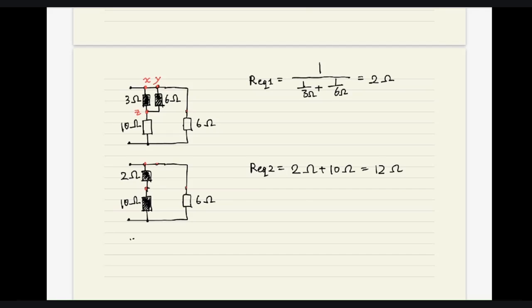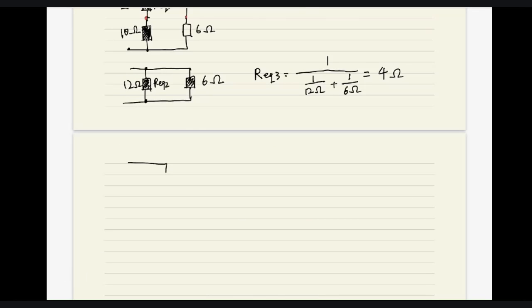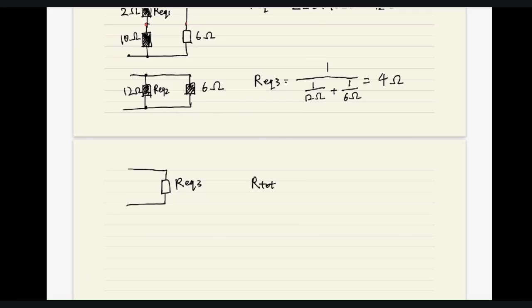Okay, so things become clearer and clearer now. One over 12 ohms, 6 ohms, 4 ohms. So we get the result that R total is equal to 4 ohms.